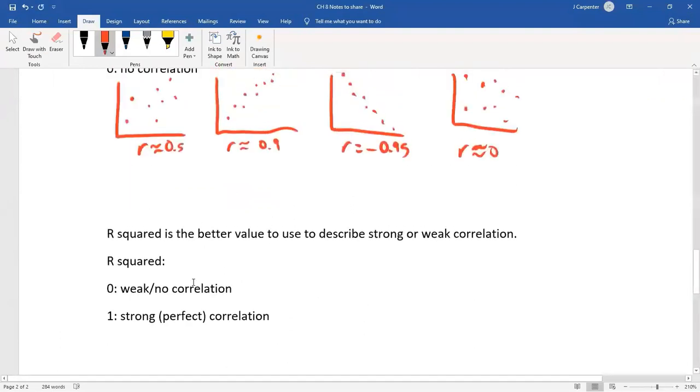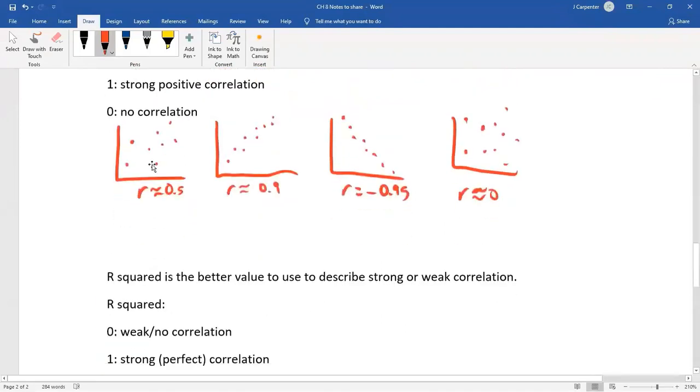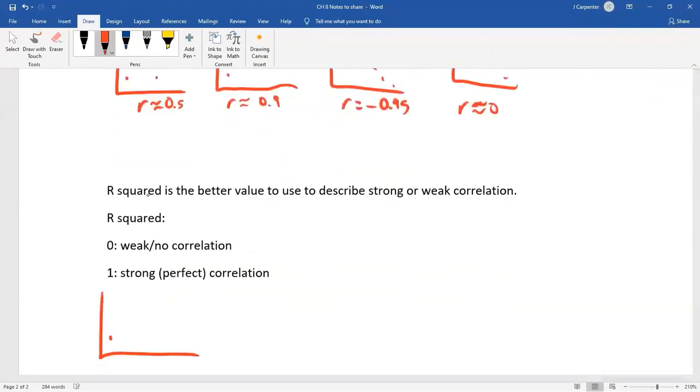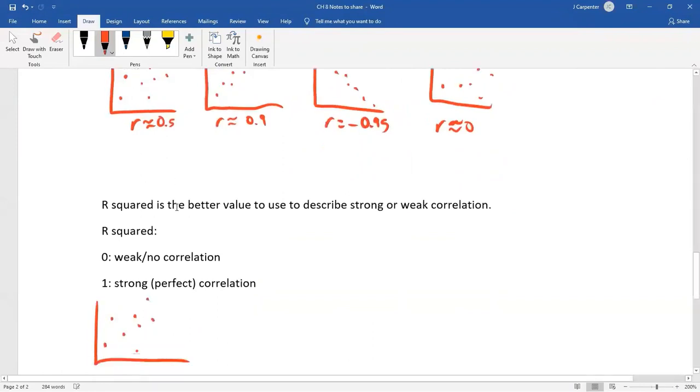Okay, so R squared being between 0 and 1, so your pictures. And let's just take this last one that was these last 4, not all of them, some of them. So something like, I need to zoom out. This.